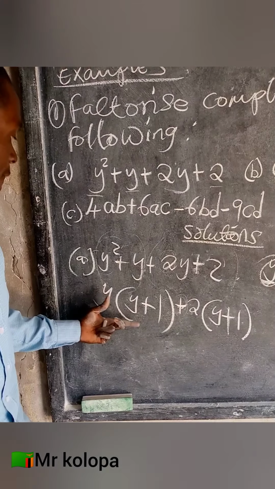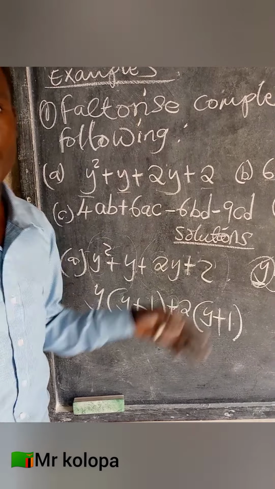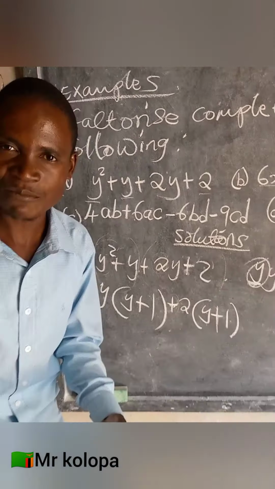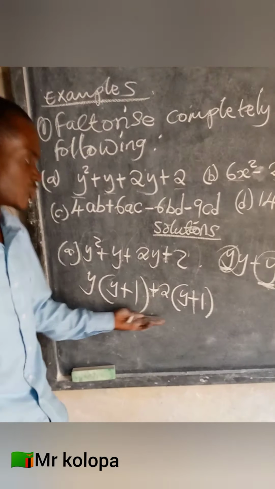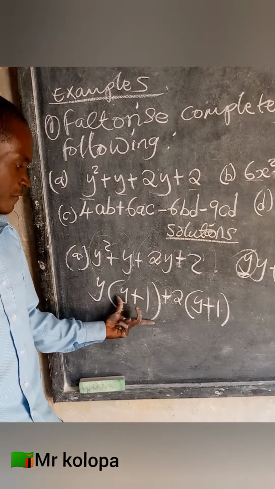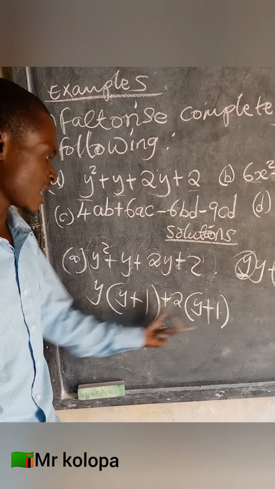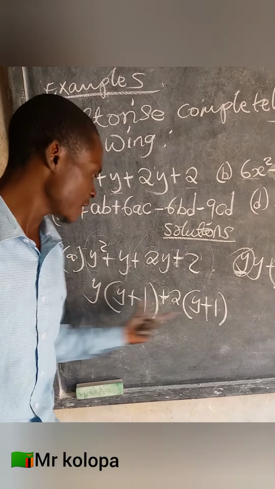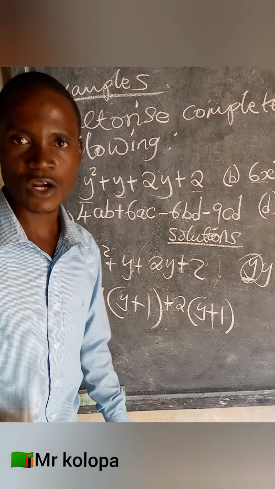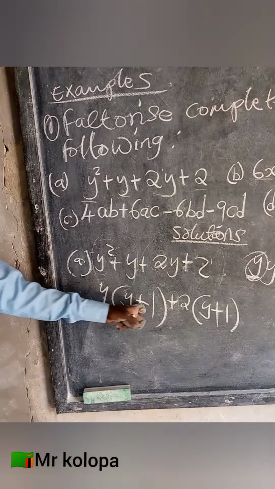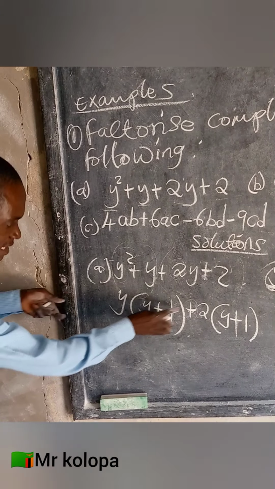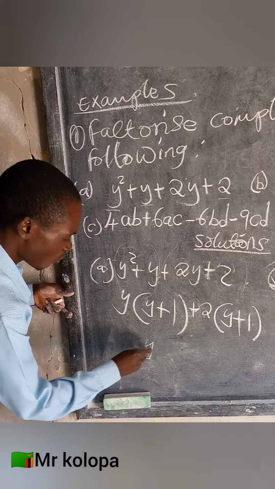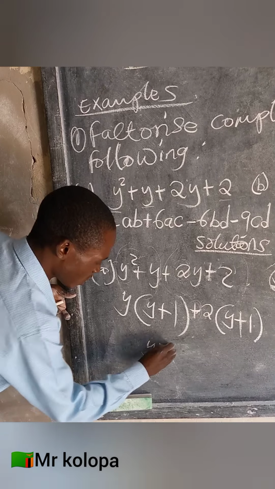Then, for this factorize by grouping, you don't even need to waste time wondering whether you are correct or wrong. When you reach this stage, if you check what you have in the bracket, you must have the same things. If you have different things here, it means you are wrong. So you can see here you have y plus 1, there you have y plus 1. So we are correct.